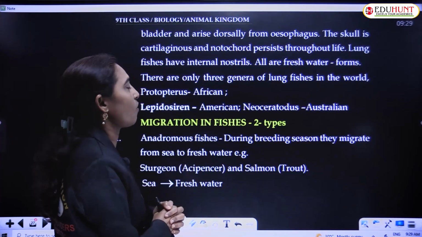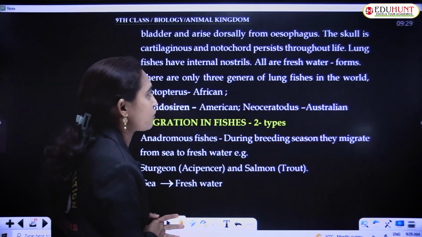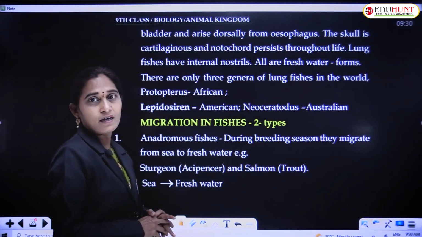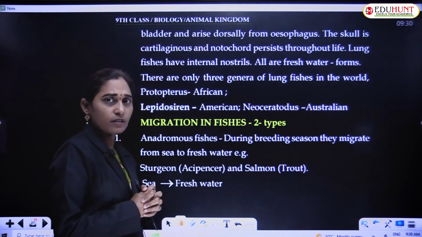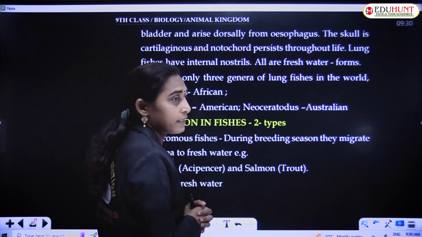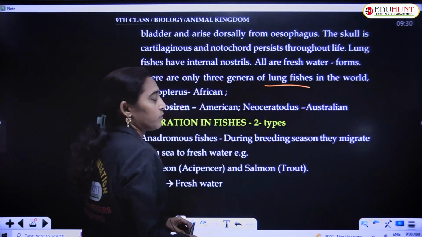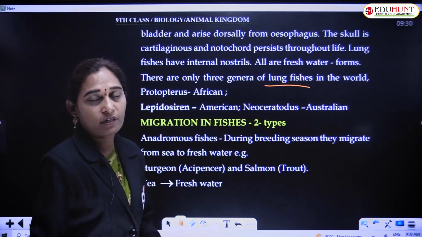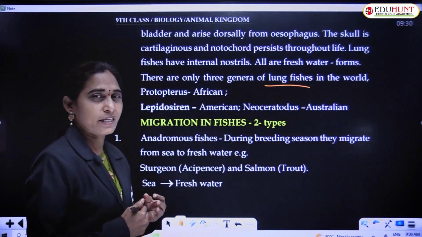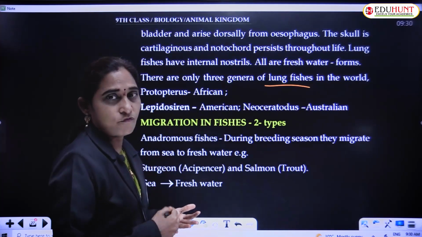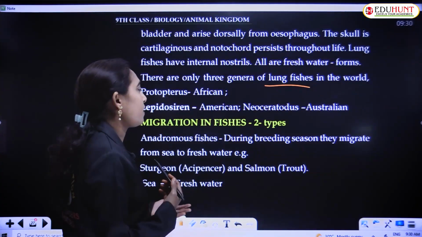All are freshwater forms, and only three genera are living. Three genera of lungfish were discovered, and these three represent the living forms of Dipnoi fish or lungfish.